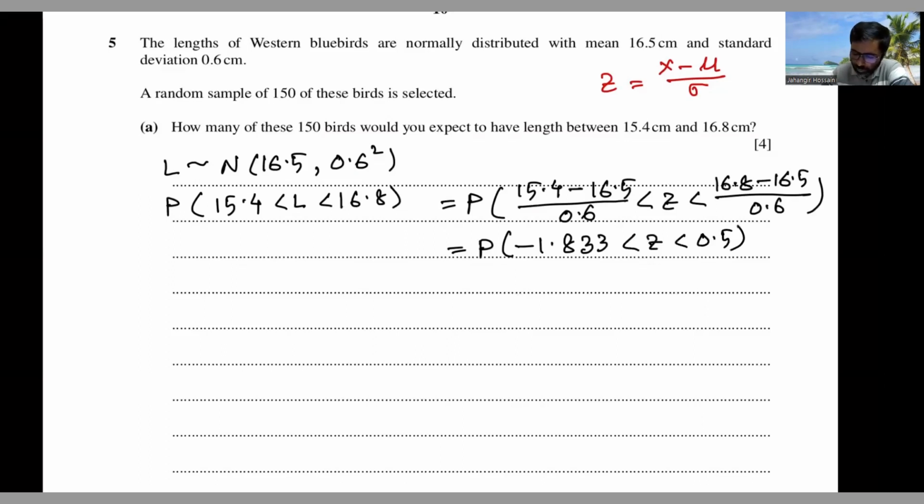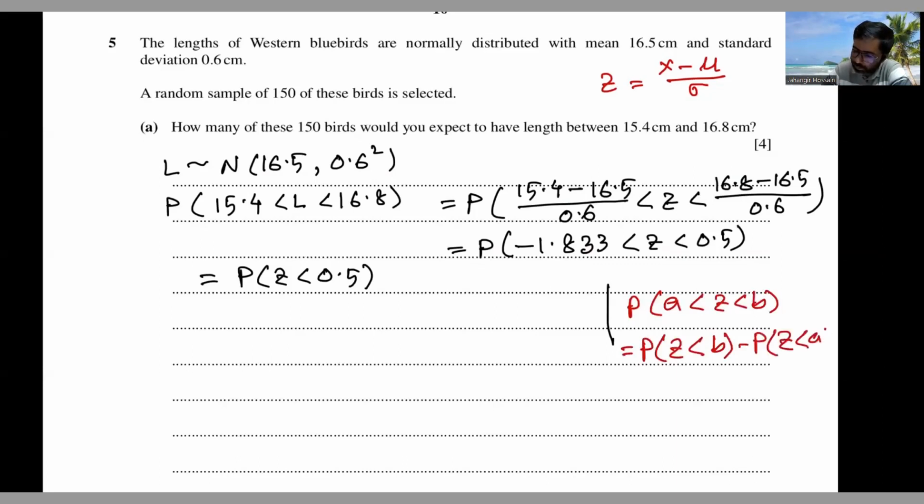For the upper limit, Z is 0.5. Now, remember, whenever we have the probability of Z between A and B, how do you find it? Probability of Z less than the upper limit minus probability of Z less than the lower limit. So here it will be probability Z less than 0.5 minus probability Z less than minus 1.833.